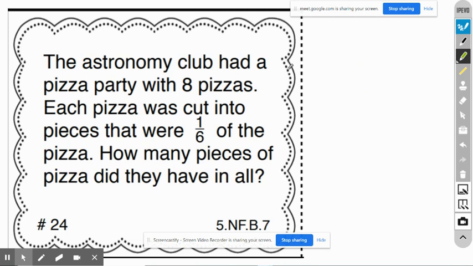So after you did that, Gabriel, after you drew your 8 pizzas and you cut them into 6 like this, the question is how many pieces do I have in all now for all 8 pizzas combined?